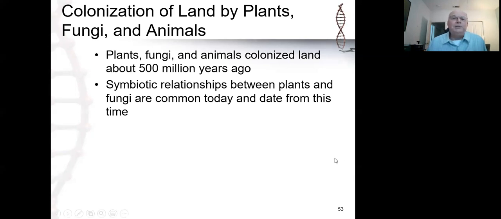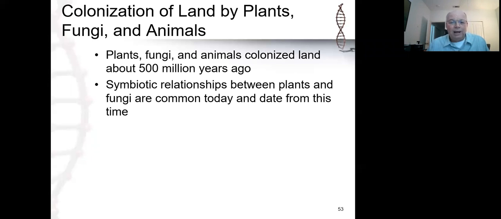So the next major step, and the final step that we want to touch on here, is the colonization of dry land. And this occurs in a very specific sequence. So the first colonizers of dry land are plants, but they do so in concert with fungi.